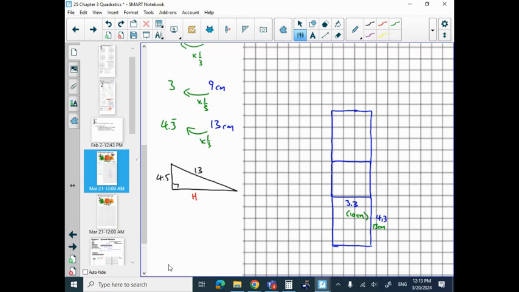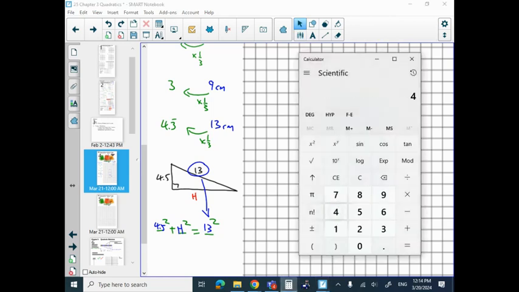And so you'll remember from previous work, this is a Pythagorean theorem situation where the hypotenuse is 13, so it's going to go in the spot by itself, and the other sides can just go in. So we have that, and so let's do this. We've got 4.5 squared, which gives us 20.25.